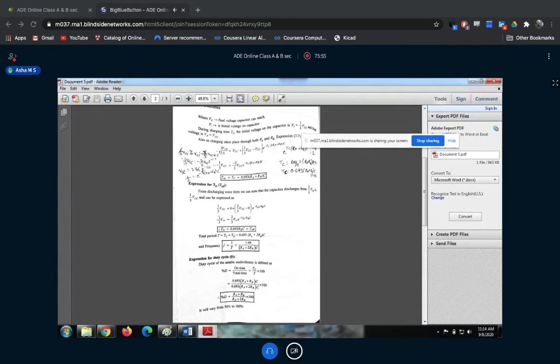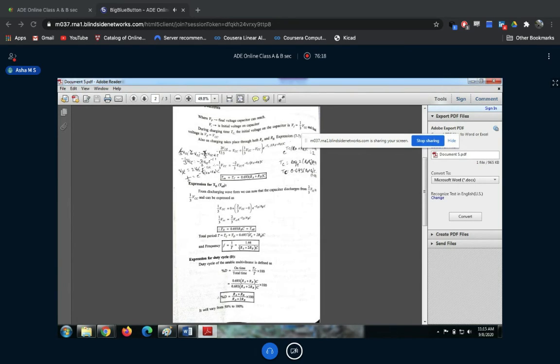On the LHS you have 1/3 VCC, on the RHS you have 2/3 VCC into e to the power of minus T off by RB C. If you cancel VCC and the denominator 3 and take the reciprocal again, you land with the same thing. So you can write T off as 0.693 into RB into C. This is the expression for T off.